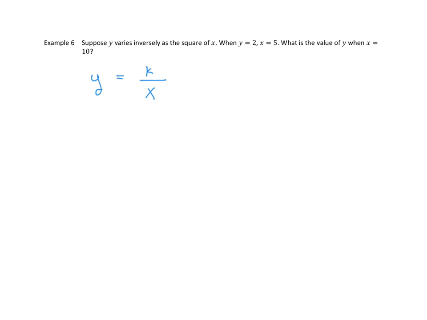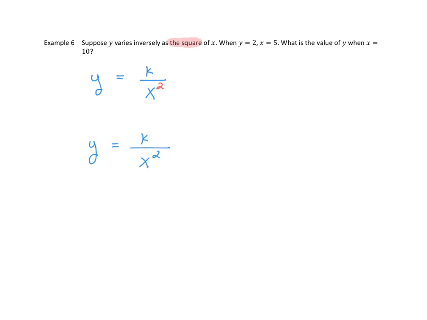But we have this language here that says the square of x. So this formula technically isn't correct. But when you say the square of x, you literally mean just put a square on the variable x, meaning the equation that you want to work with is this thing.